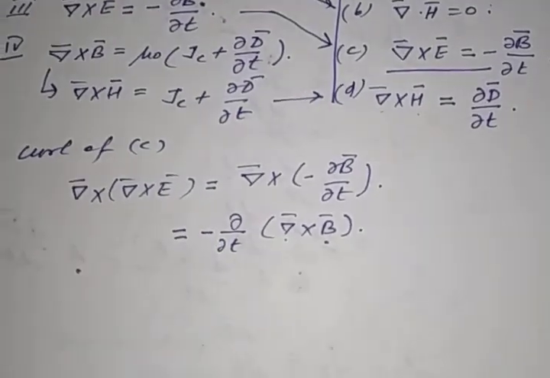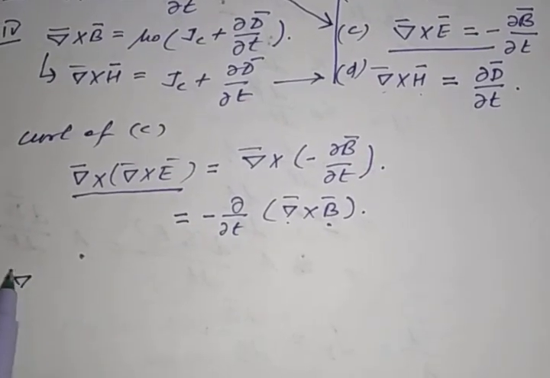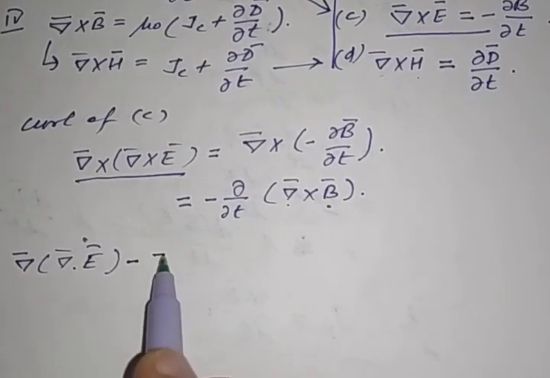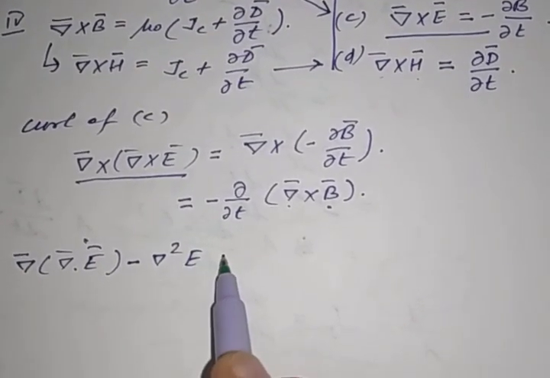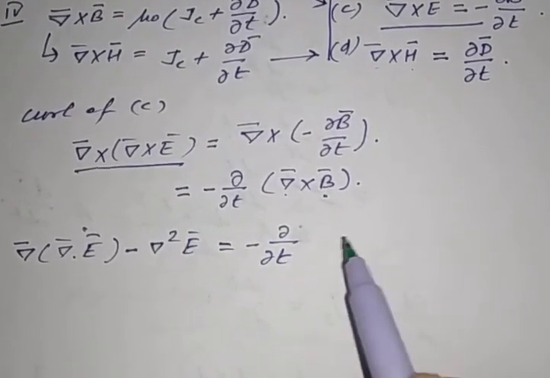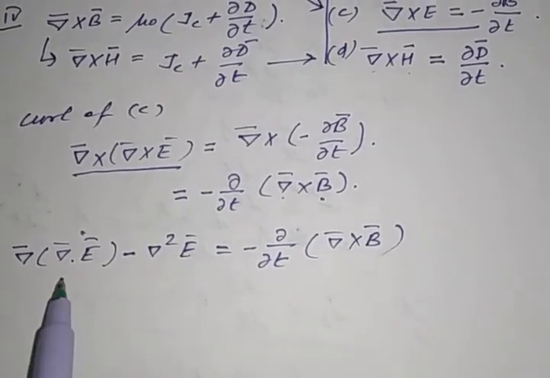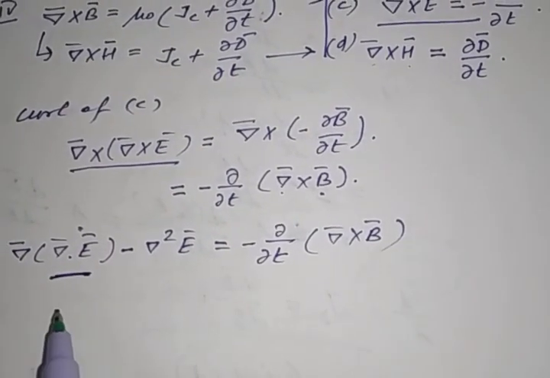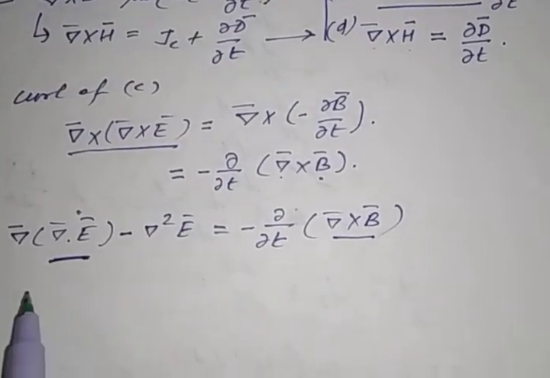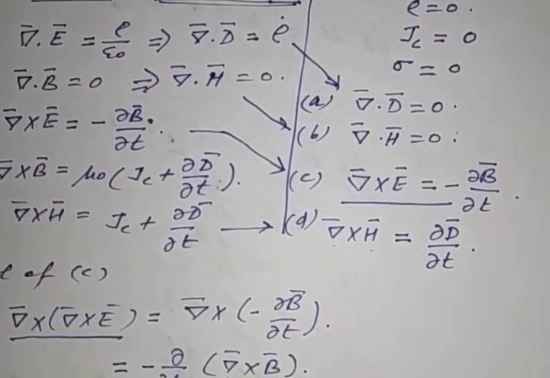But first, the left hand side, which is this one, we can get this solution as del dot E minus del 2 E is equal to. Now here del dot E is the divergence of electric field, and then the curl of magnetic flux density. So all these values we can see are available in equation A and equation D.